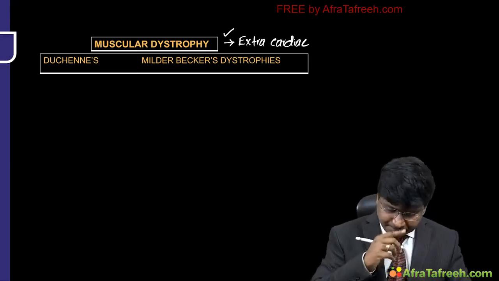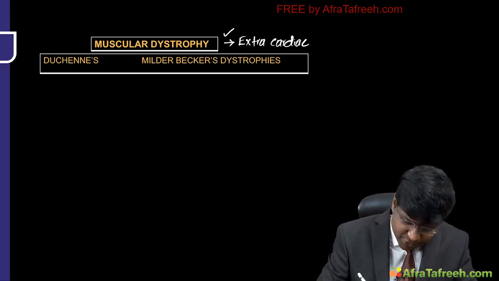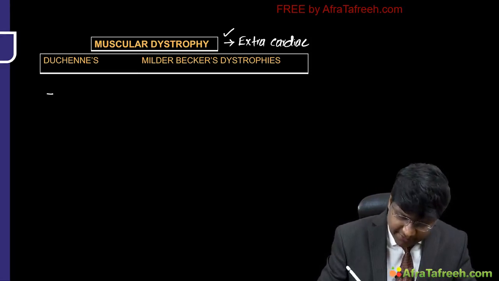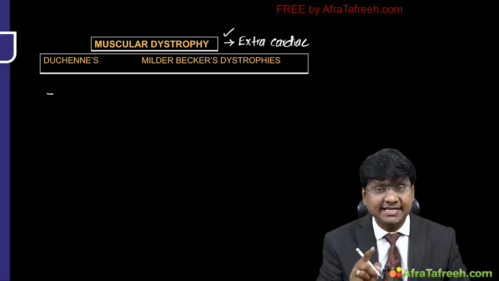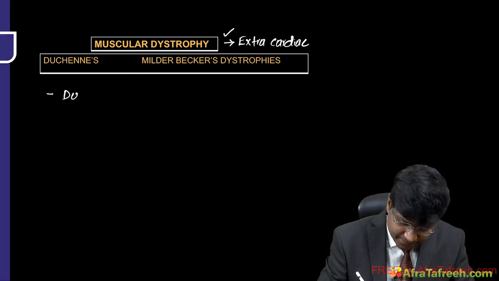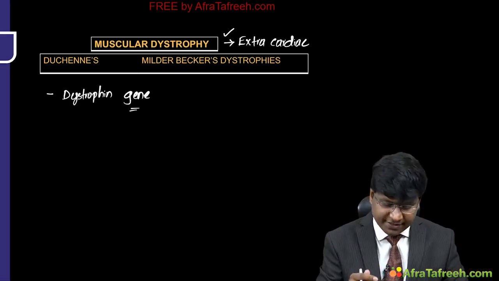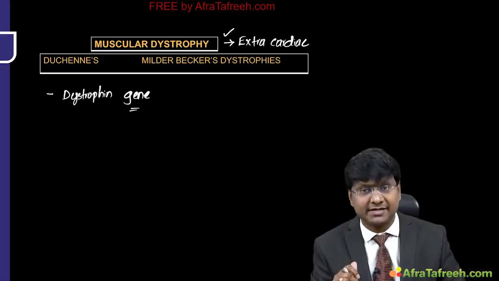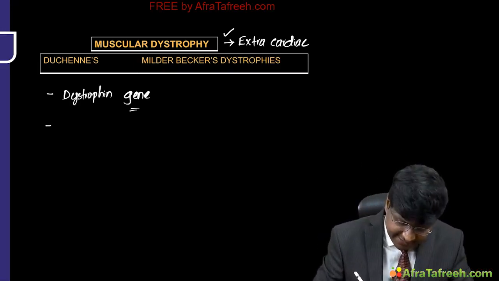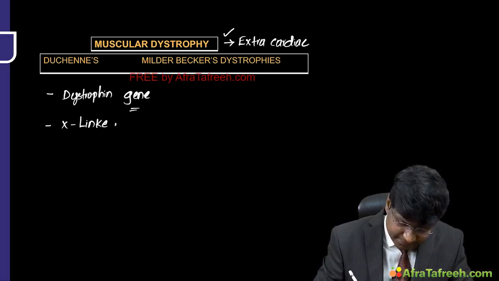Okay, now in Duchenne's muscular dystrophy as well as Becker's muscular dystrophy, the gene which is defective is the dystrophin gene, and it is an X-linked inherited disorder, right?